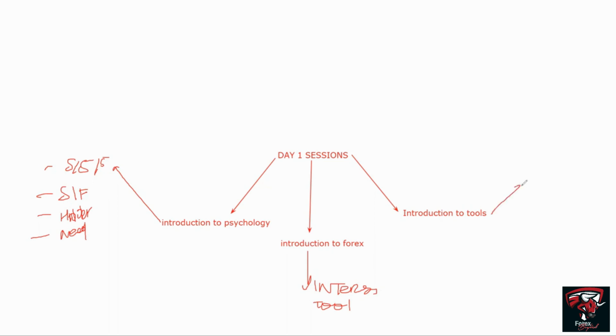And then we also went through the difference between a trend line and a horizontal line, their properties, and their purpose. Then also the why, how, when, where. Those are the minor things that we went through. This is the introduction.